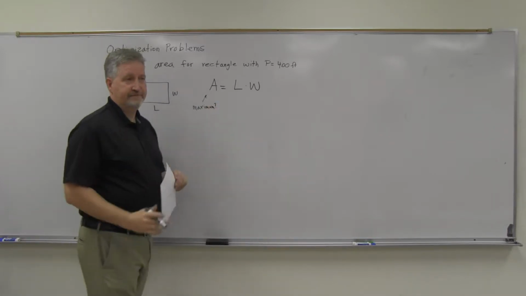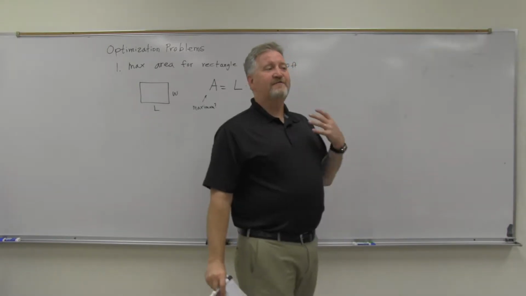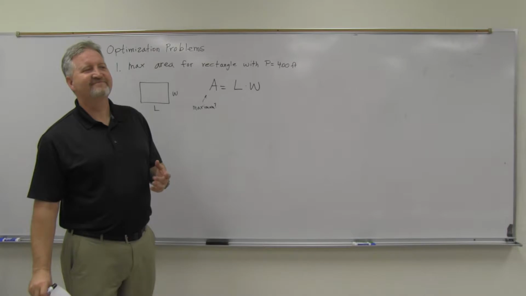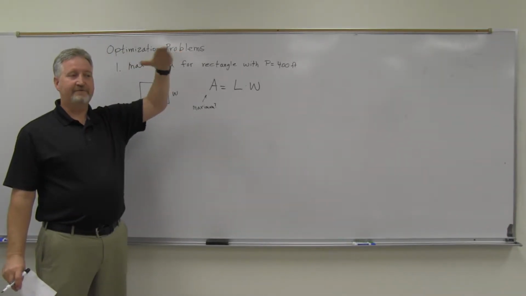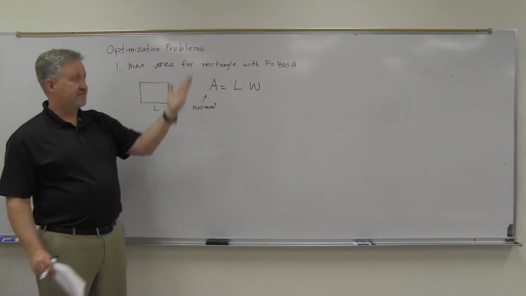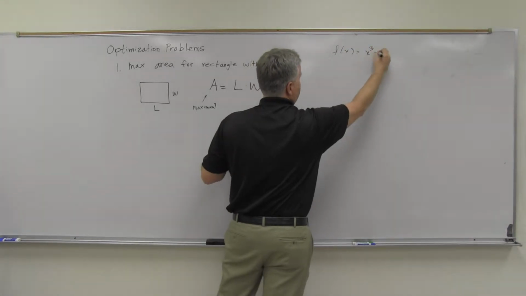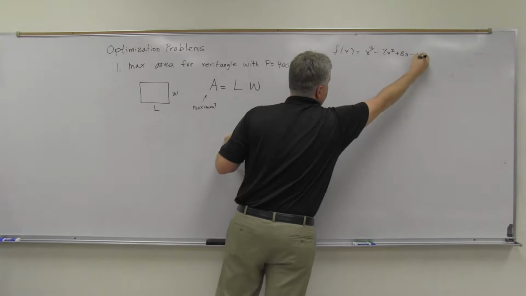I'm looking for that maximum. Previously, when we were finding maximums of a function, what did we do? Where was the maximum value? How did I find those maximum values from a function? Like if I have f of x equals whatever it is, x cubed minus 7x squared plus 8x minus 10.